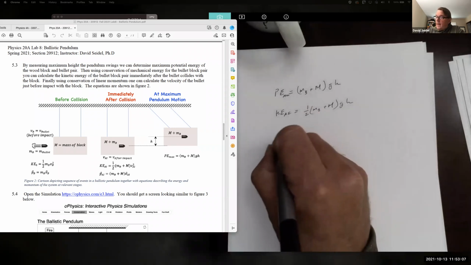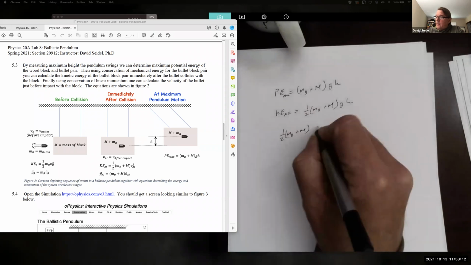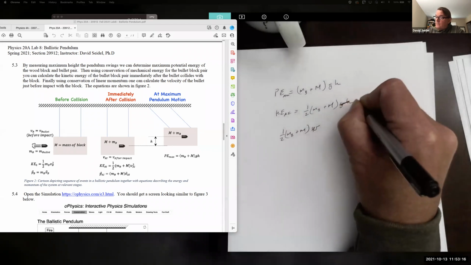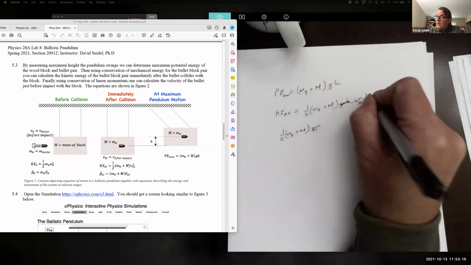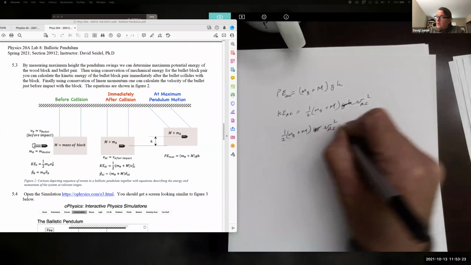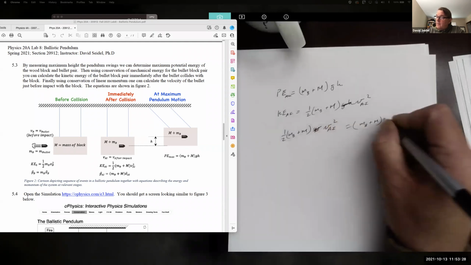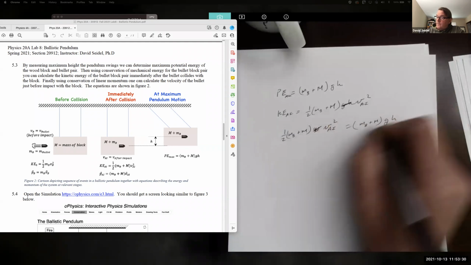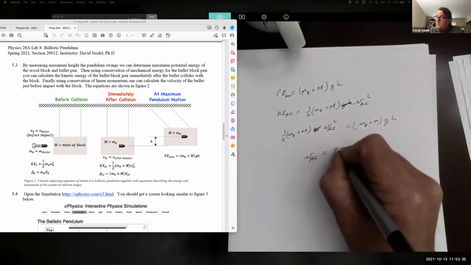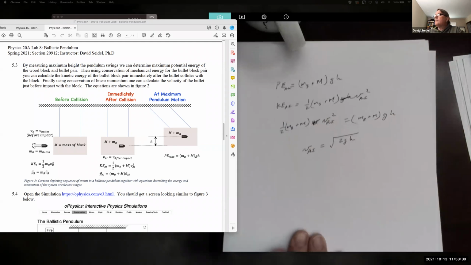That is equal to mass of the bullet plus mass of the block times GH, or V after impact is equal to the square root of 2GH.